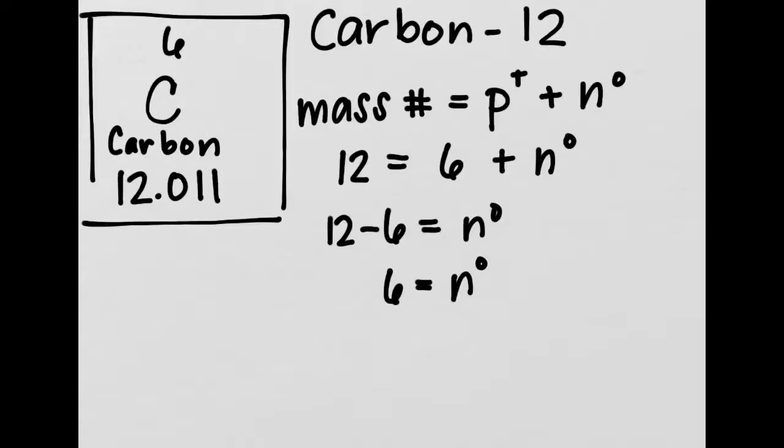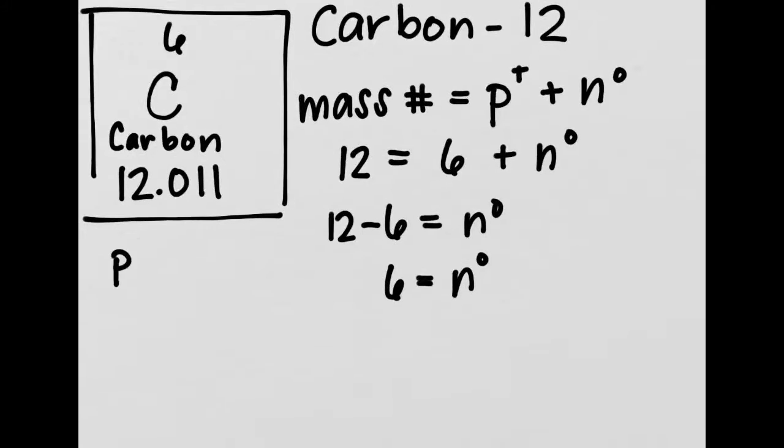Perfect. So now I know that for an atom of carbon-12, I'm going to have 6 protons and 6 neutrons. And in terms of electrons, this is a neutrally charged atom, so the number of electrons has to be the same as the number of protons. I'll write it down. Great. I've taken care of that.